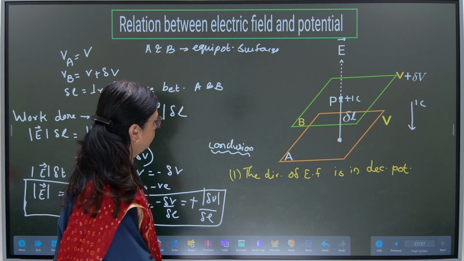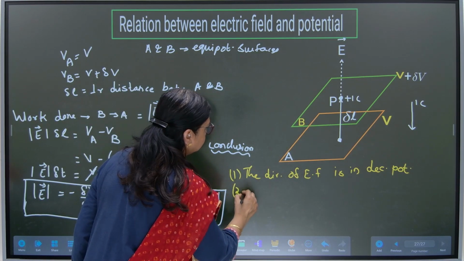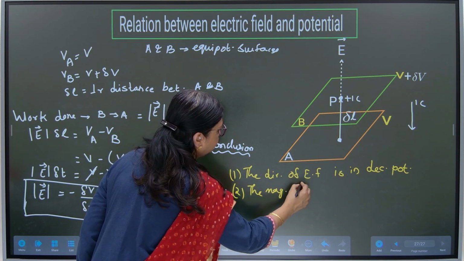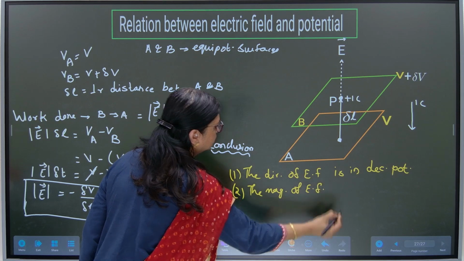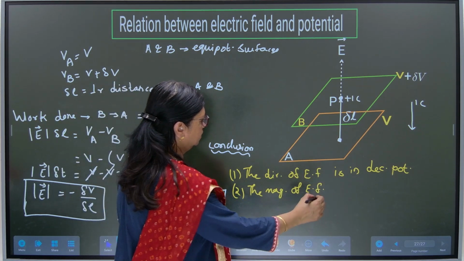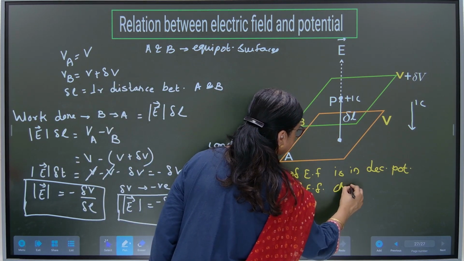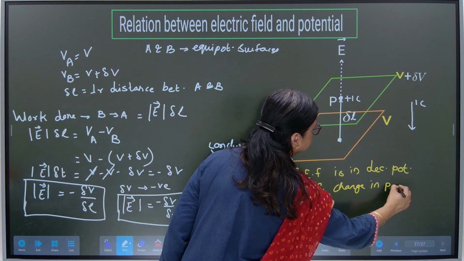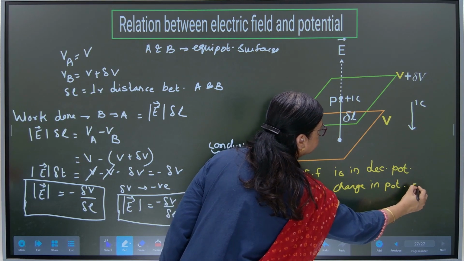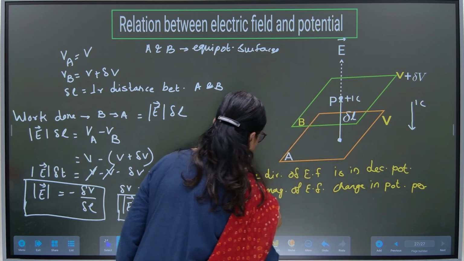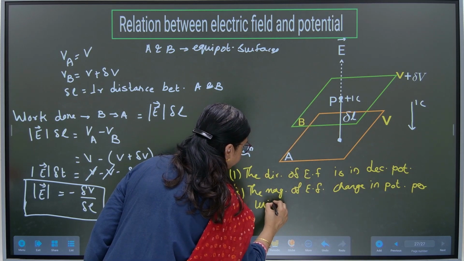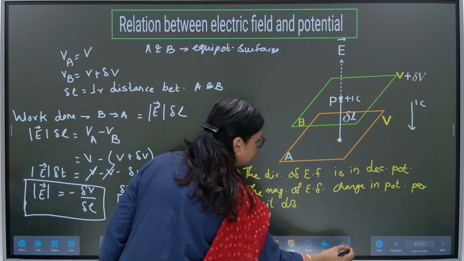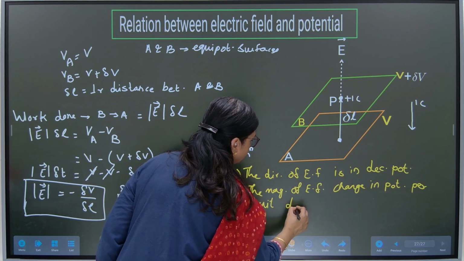Okay. 2. The magnitude of electric field is the change in potential per unit displacement. From the formula itself, I am writing both these conclusions.